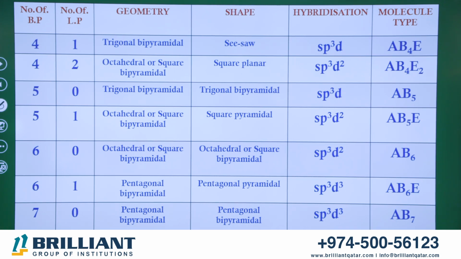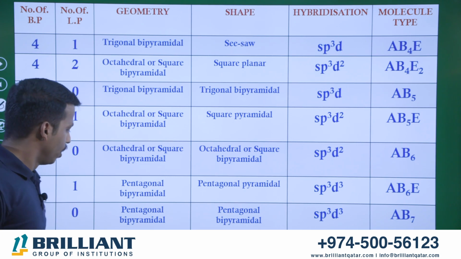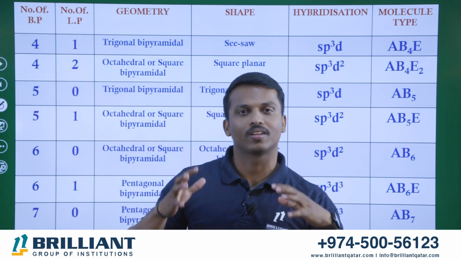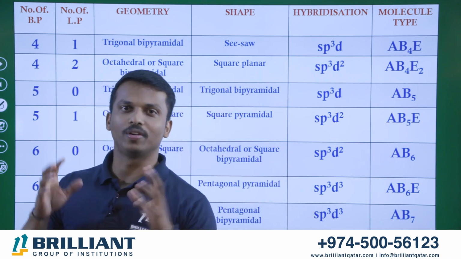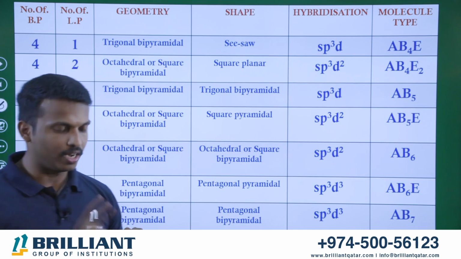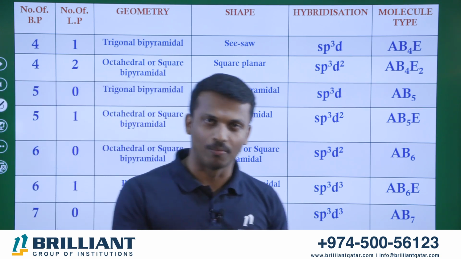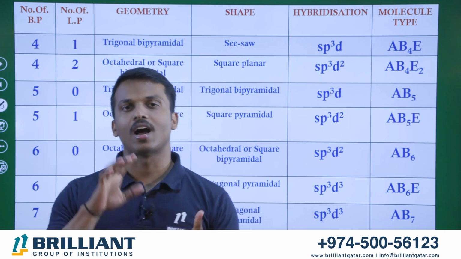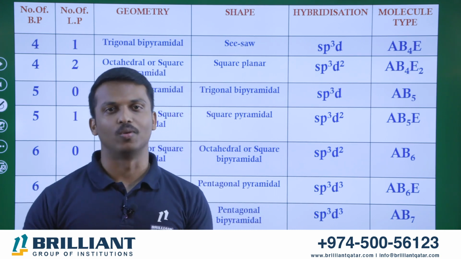Okay, dear all. Hope you completed. So today we discussed a very vast topic in your chemical bonding chapter. How to determine the shape and geometry of a molecule. How to determine hybridization of a molecule. How to determine the molecule type. And how to determine the bond angle also.